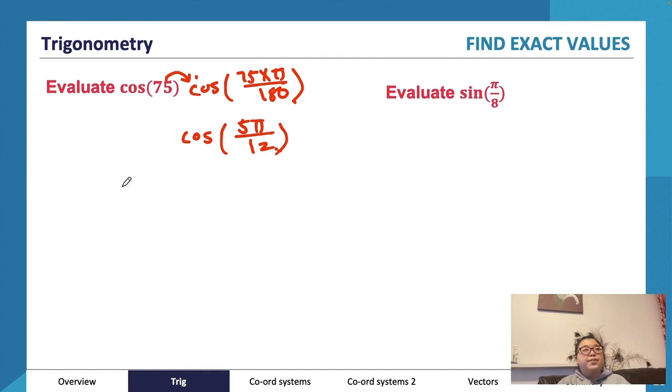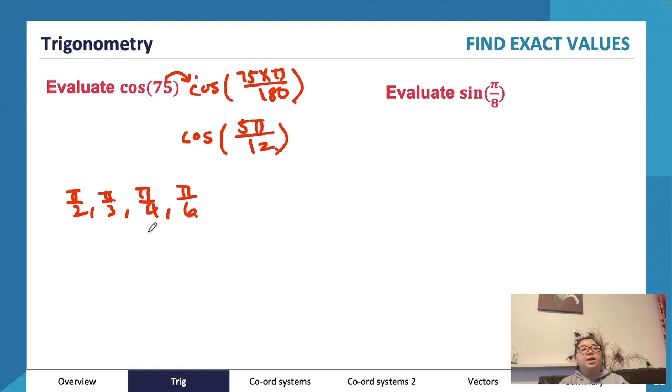So the key thing with finding exact values for angles which you don't have an exact value for straight away is you want to identify what this can be made up of, right? So for 5 pi on 12, the pi on 12 angles are probably the most common ones that come up, just because if you think of the angles we do know, it's pi on 2, pi on 3, pi on 4, and pi on 6.